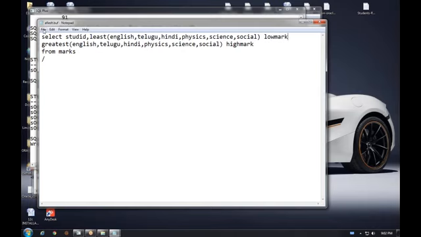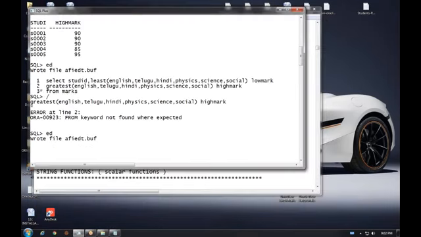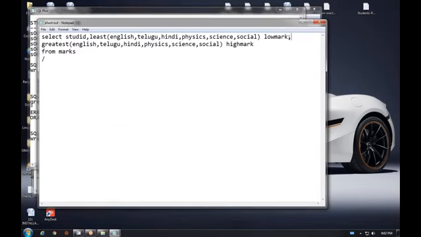And save it, exit, run it. From keyword not found. Here after low mark we should specify a comma, and file, save, file, exit, slash.